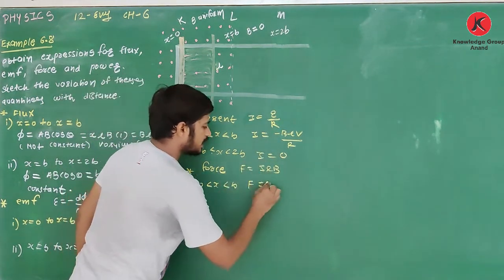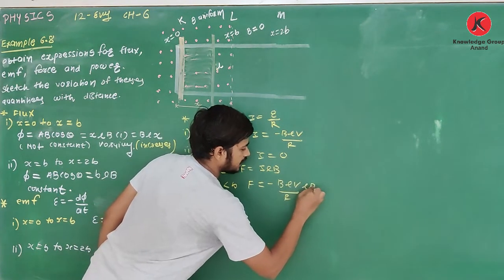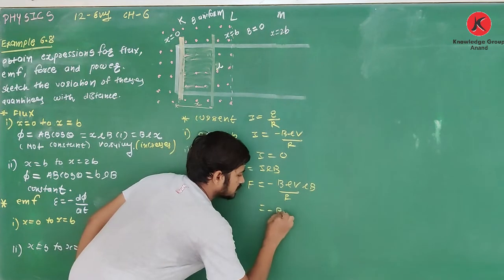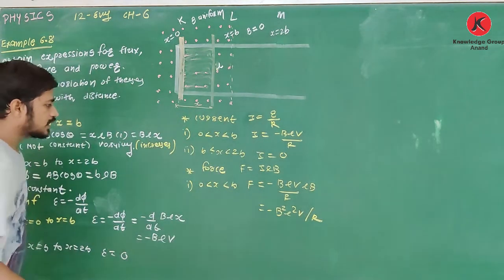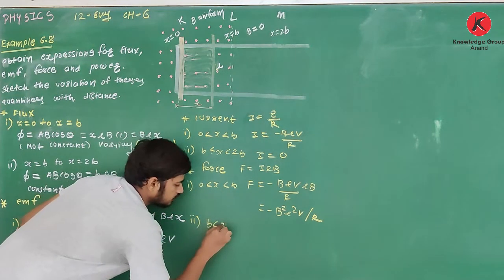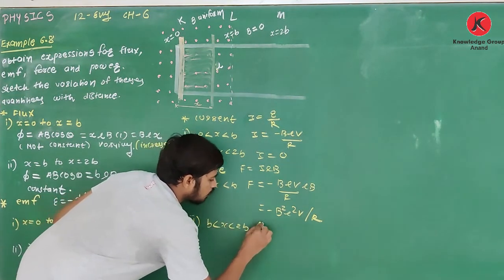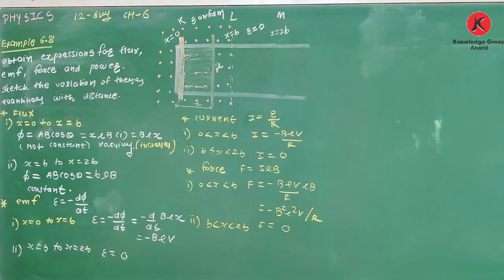What is the value of I? It is minus BLv upon R, and here it is LB. So it is minus B square L square v upon R. And for the case b less than x less than 2b, what is the force? It will be 0 because current is 0. Clear about this?